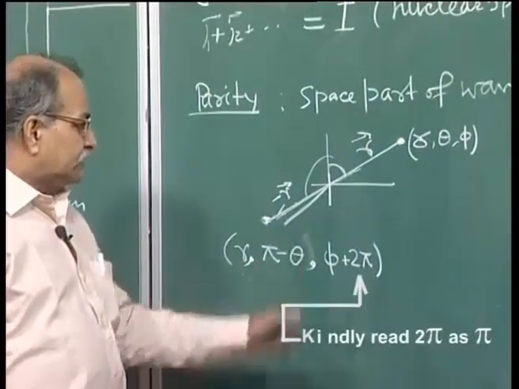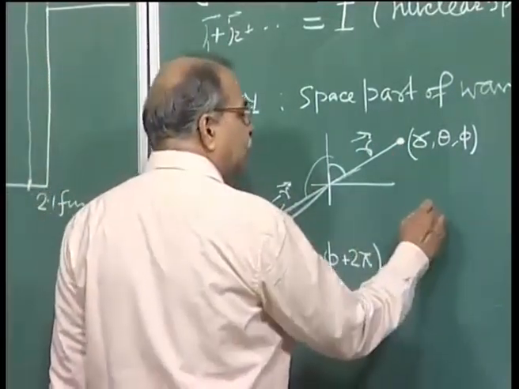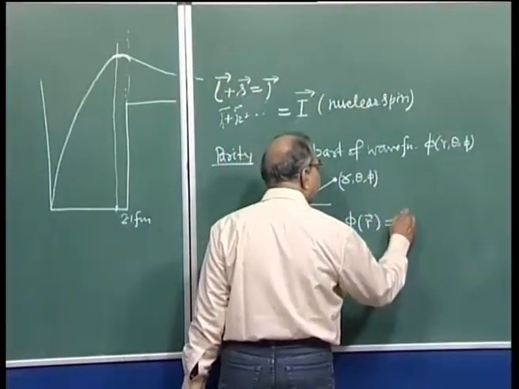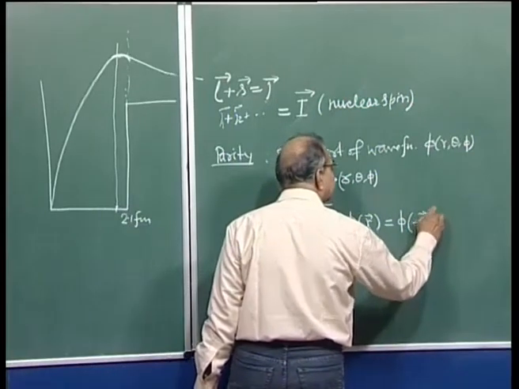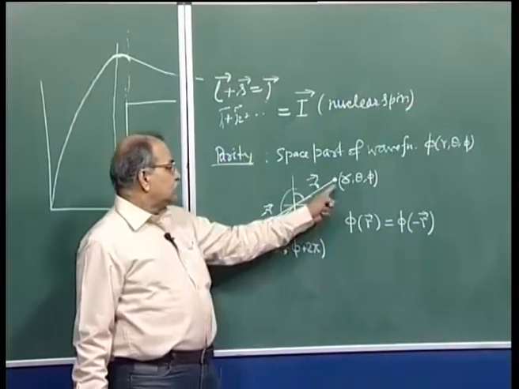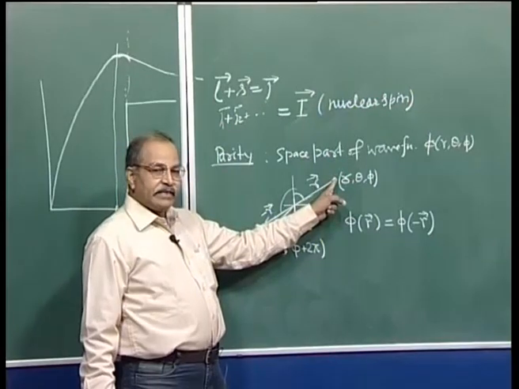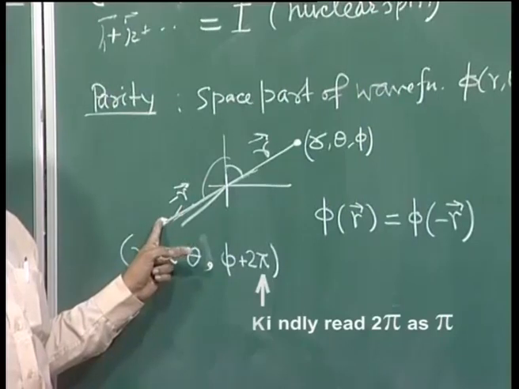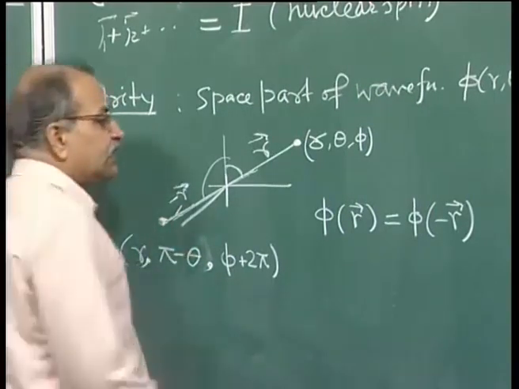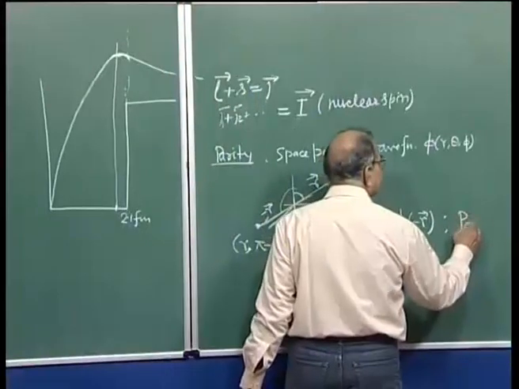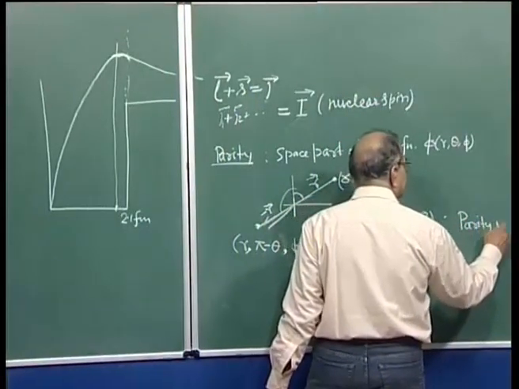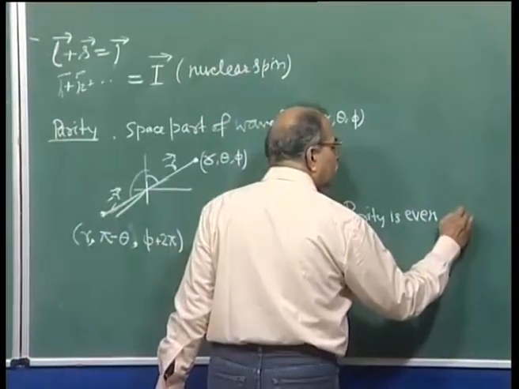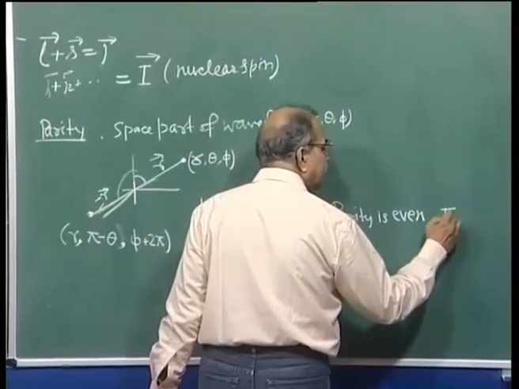Okay. Then if this phi of r happens to be equal to phi of minus r, the space part of the wave function here and the space part of the wave function here, if they happen to be the same, equal, then we say that the parity is even. And it is denoted by positive parity, pi. For parity we write pi.